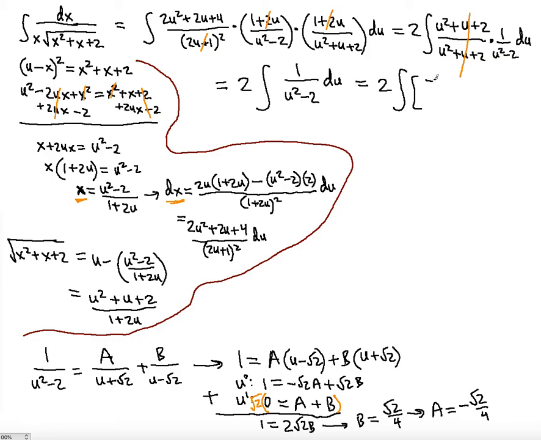So negative radical 2 over 4 over u plus radical 2, plus the b value, radical 2 over 4 over u minus radical 2, du. Already looking better. So let's simplify. This 1/4 goes outside, it becomes 1/2. So negative radical 2 over 2 as a result.